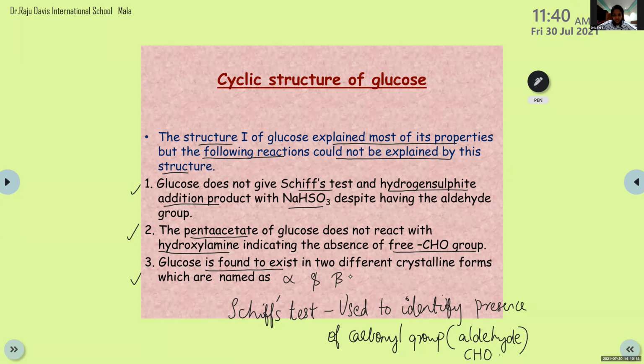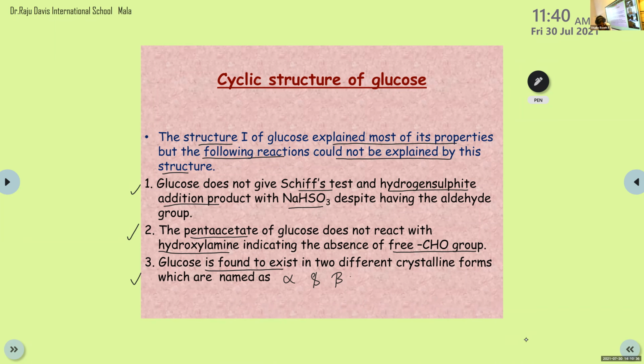Third one, glucose is found to exist in two different crystalline forms which are named alpha and beta. You can also write the formation of this alpha and beta, children.